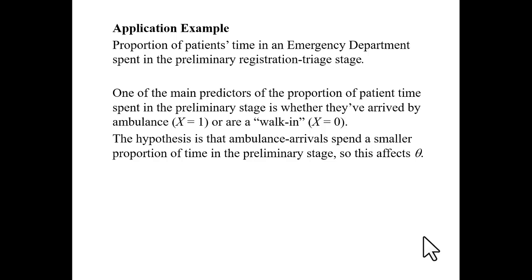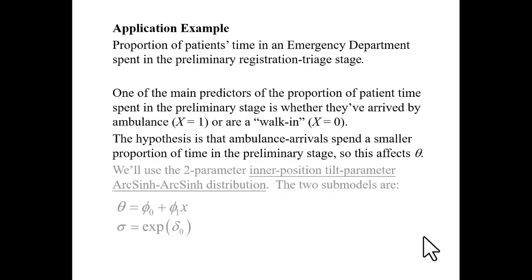The hypothesis is that ambulance arrivals spend a smaller amount of time in the preliminary stage because they often have life-threatening disorders or more serious injuries than those who are walk-ins. And so this is going to affect theta. We'll use a two-parameter inner position tilt parameter arc hyperbolic arcsine distribution to illustrate this.